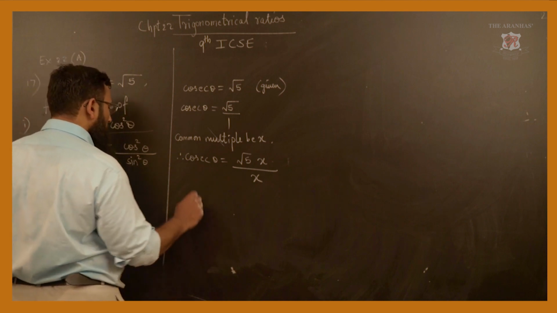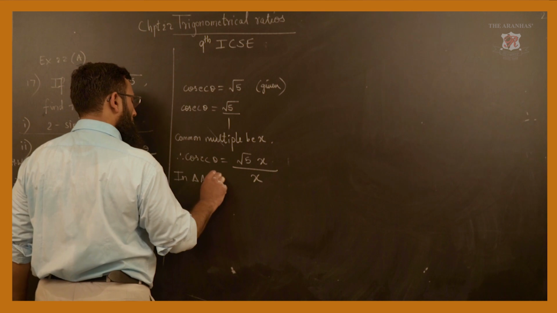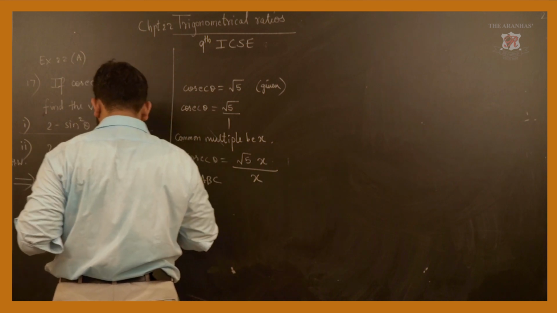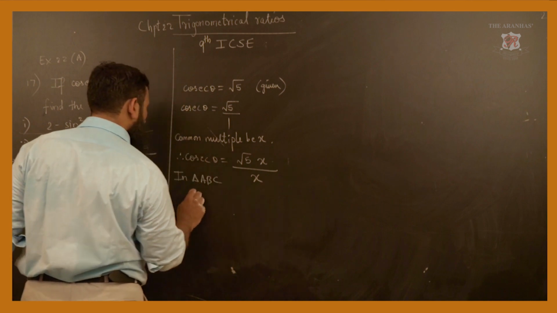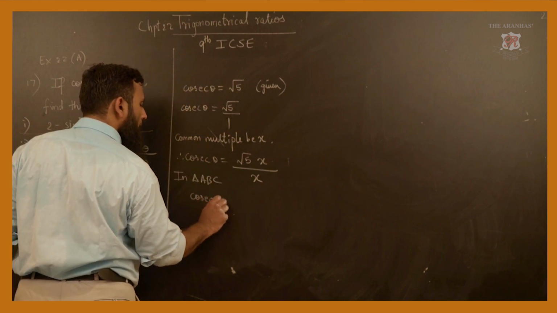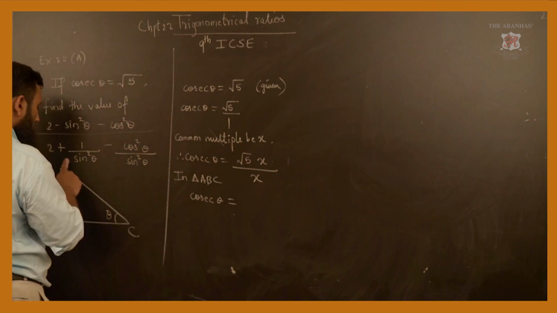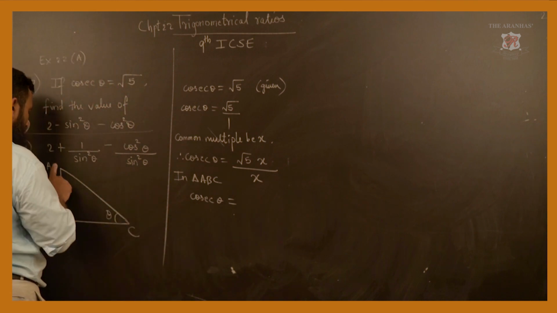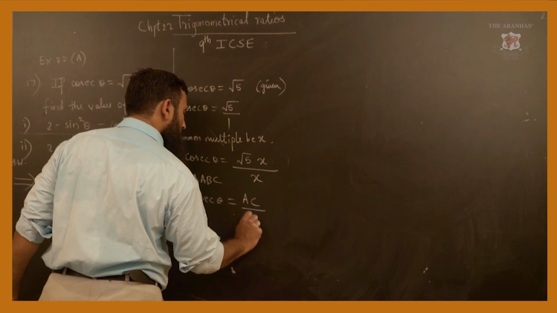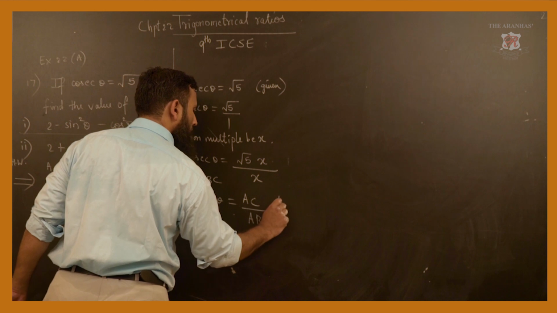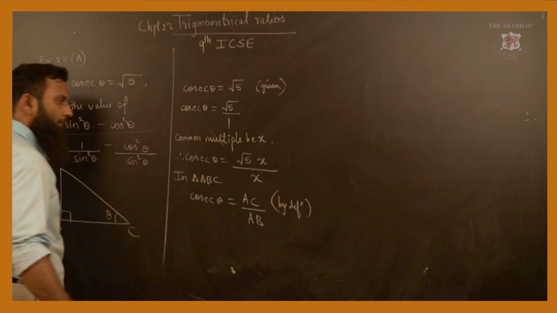Okay. In triangle ABC, you will notice cosec theta, as per definition, is the reciprocal of sin theta. So, it will be hypotenuse AC upon perpendicular AB, AC upon AB, and I have got this value by definition.